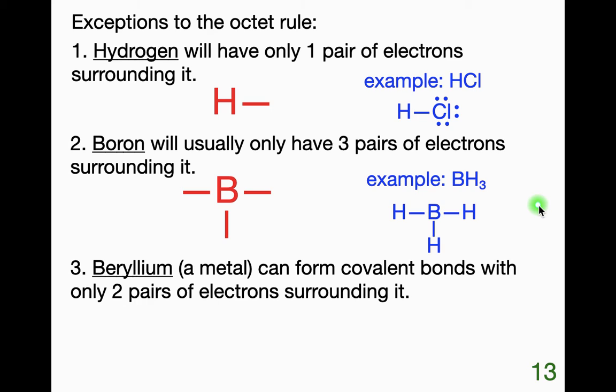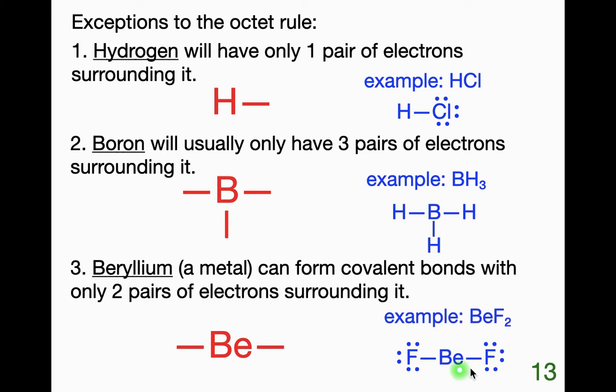They usually don't, but it can occur if the difference in electronegativity is less than 1.7. Beryllium, if it does form a covalent bond, it'll do so having only 2 pairs of electrons surrounding it. So just that, no dots. So for example, beryllium fluoride, this would be its Lewis structure. Just 2 dashes, 4 electrons, and that's it.